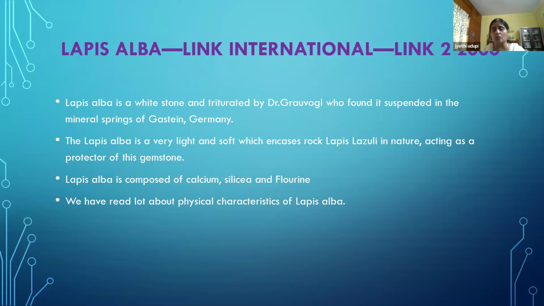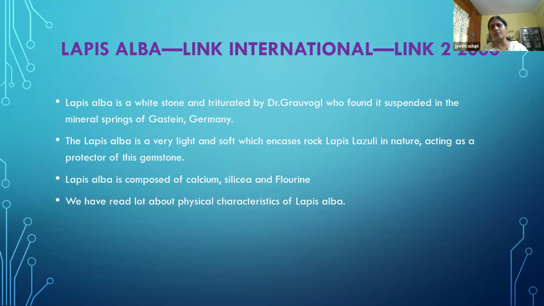Lapis alba is composed of calcium, silicia, and fluorine. See, this is where I was, I was also thinking about silicia. And how many of us know about gemstones? We have few sessions in this series about gemstones. So if you want to know, it is a very great opportunity.